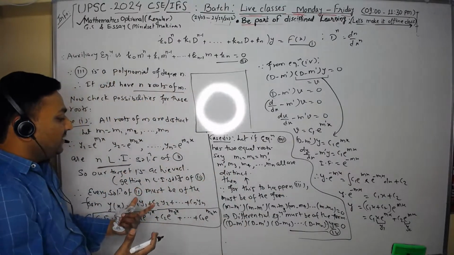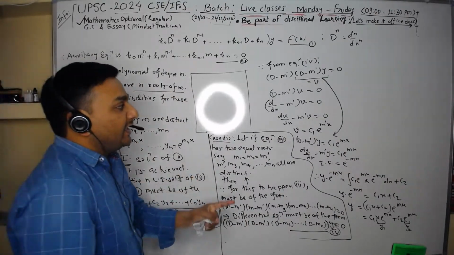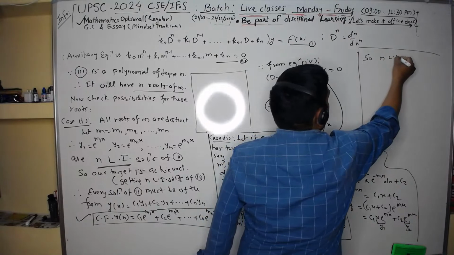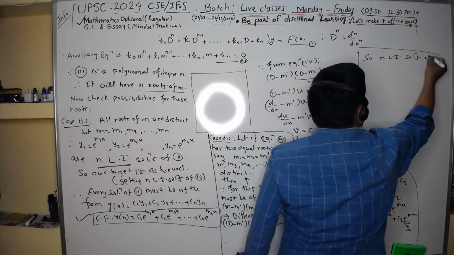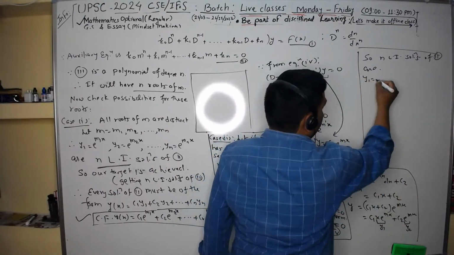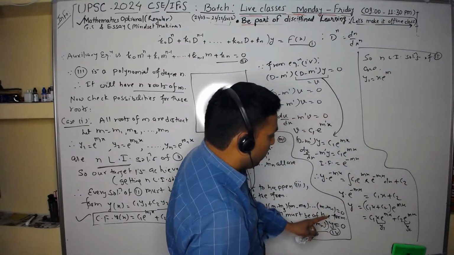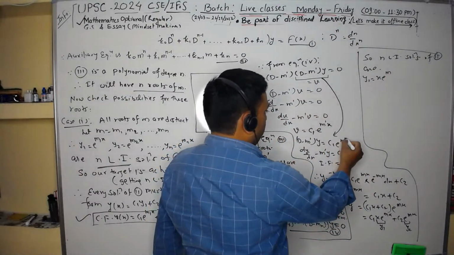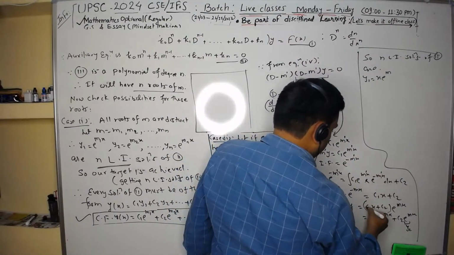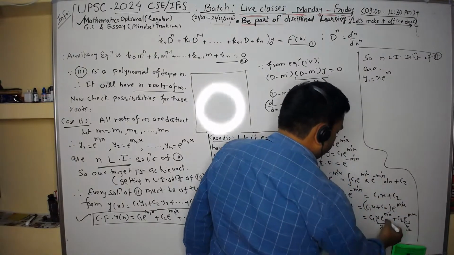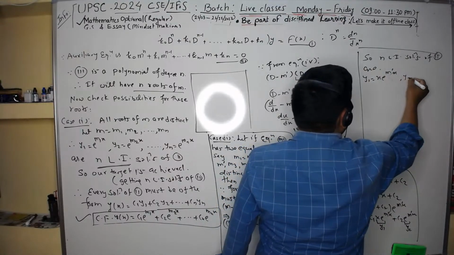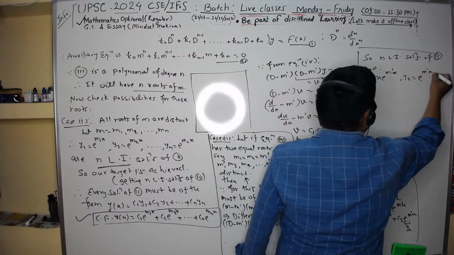So what was our target, my dear? To get n LI solutions. So the n LI solutions of differential equation 2 are y1 equals x e raised to the power m dash x. We were carrying m dash, so keep m dash only. y2 equals e raised to the power m dash x.